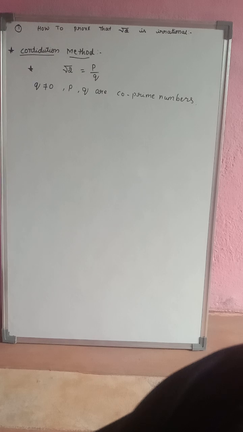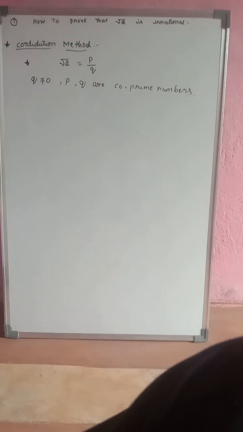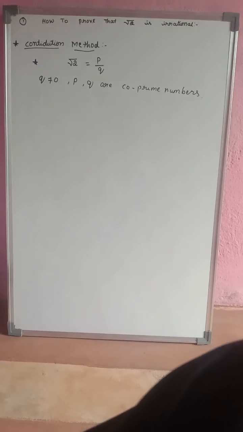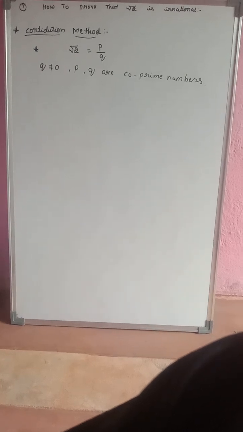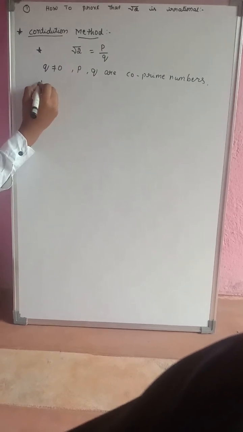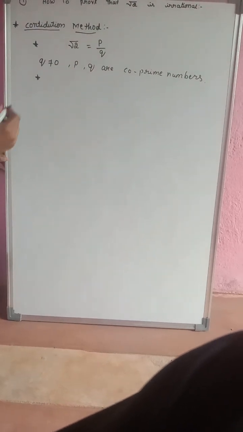Co-prime numbers means these two numbers are only divisible by one, not by any other number. Now we start to solve and prove that the square root of 2 is an irrational number.